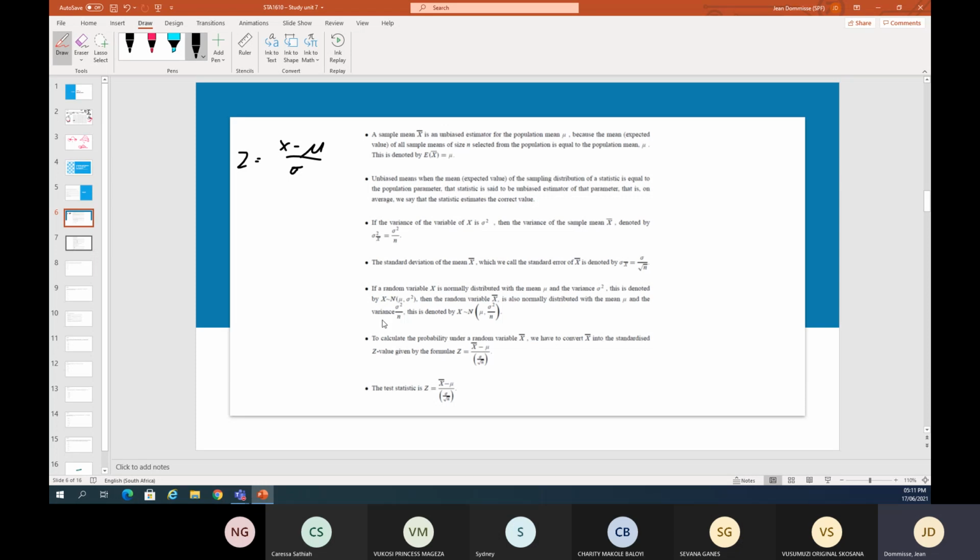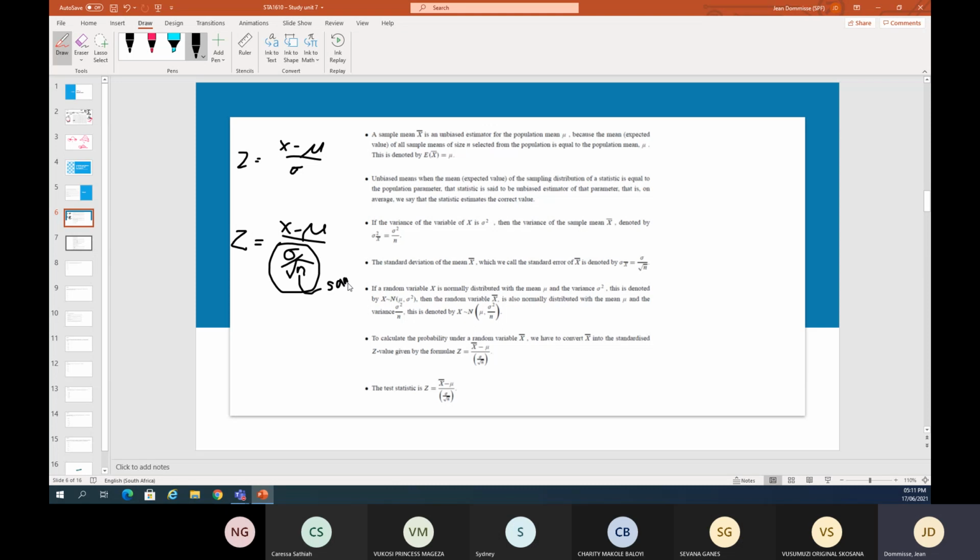Now the only difference is that we're talking about a sample. So it's still X minus the mean, but the standard deviation is not the standard deviation anymore in totality. It becomes the standard error, because we need to account for the sample.